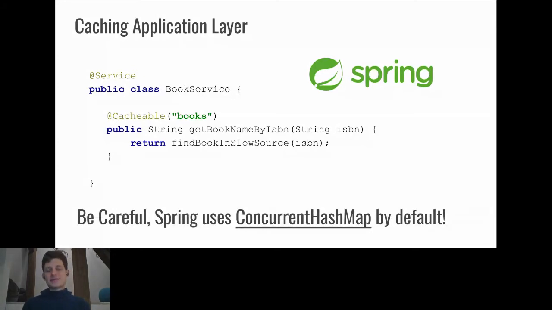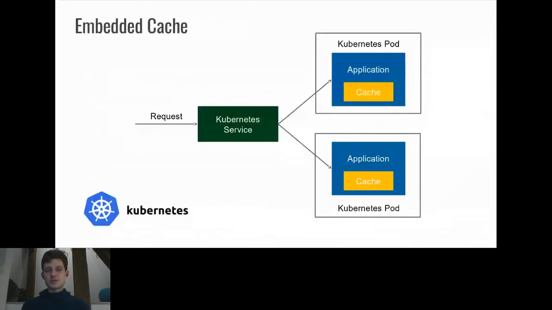Coming back to this diagram. So far so good. Embedded caching is very good and simple, but there is one problem on this diagram. Think about it: a request goes to our system, it's load balanced to the application on the top. We execute some business logic, put the value into the cache, return the response, everything is good.